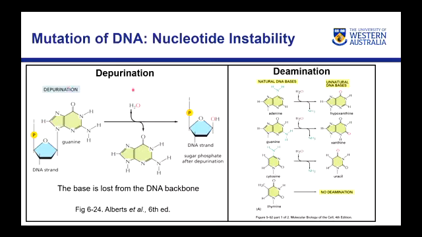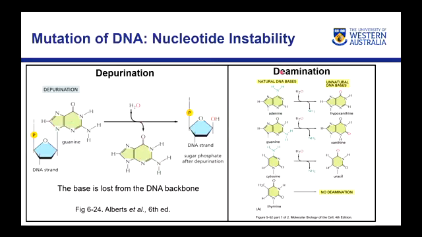And so what we call depurination is when basically a purine is lost from the DNA backbone. So here we've got the DNA strand, the sugar phosphate. Here is guanine. Guanine is lost, and you just have the sugar phosphate after depurination.